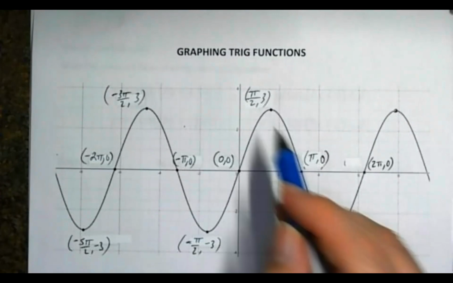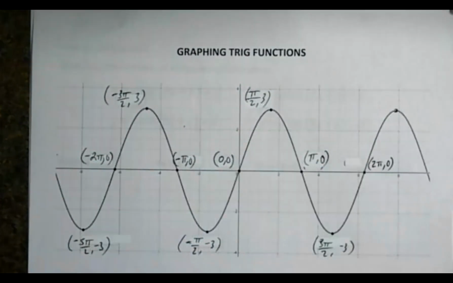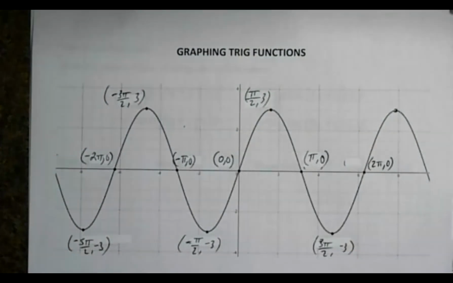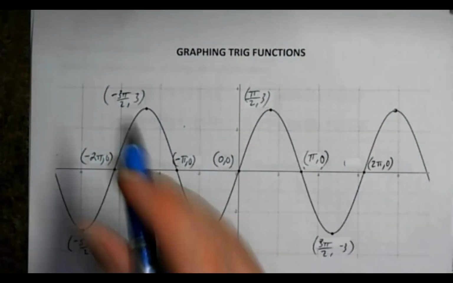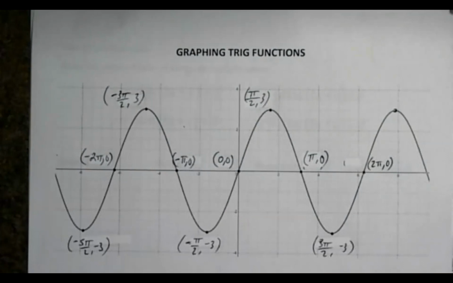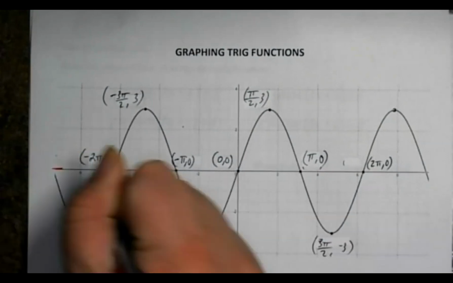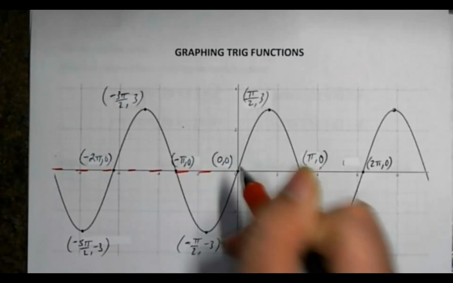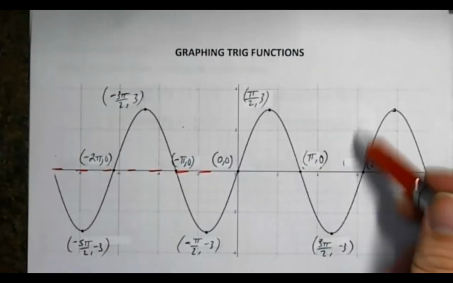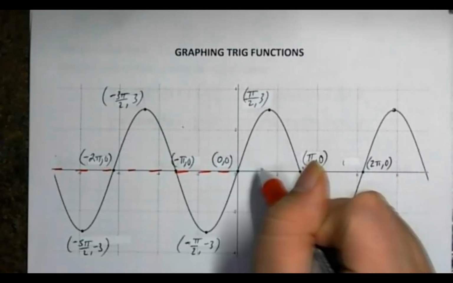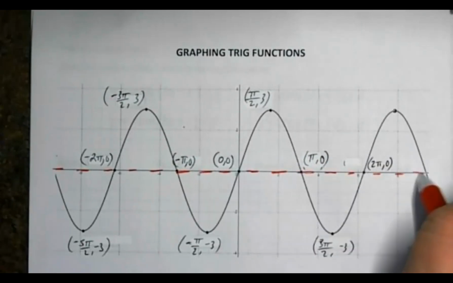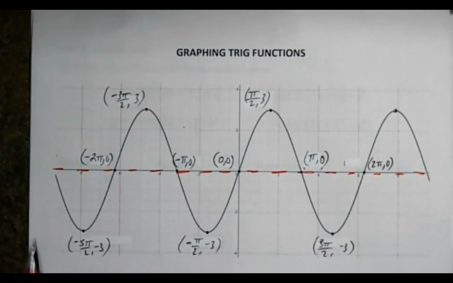So what are our maximum and minimum altitudes? Not from 0, but generally from the midline. You can see this curve is oscillating. That's another word, oscillating, meaning it's going back and forth, up and down, and it keeps repeating. It's oscillating about the x-axis. In this case, the x-axis is our midline.